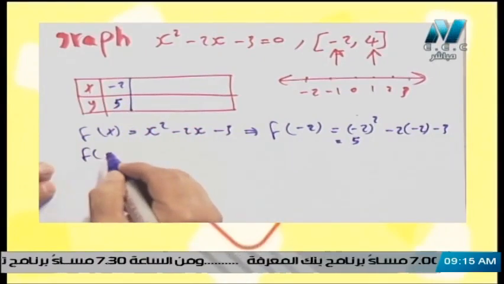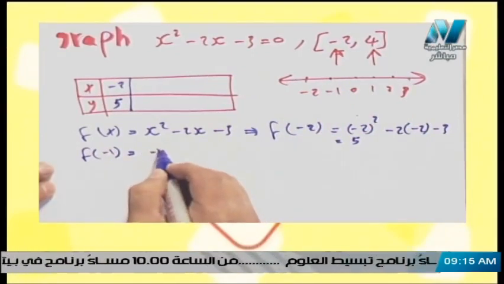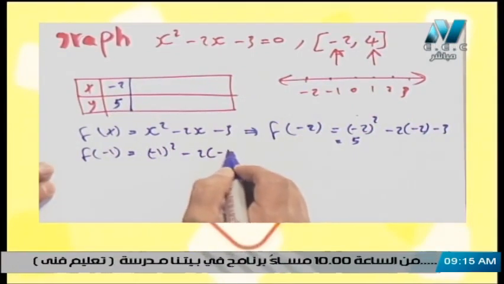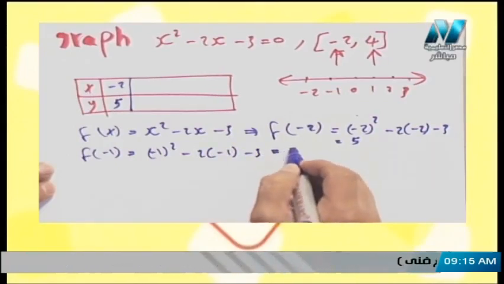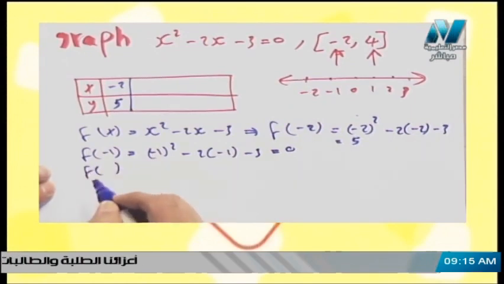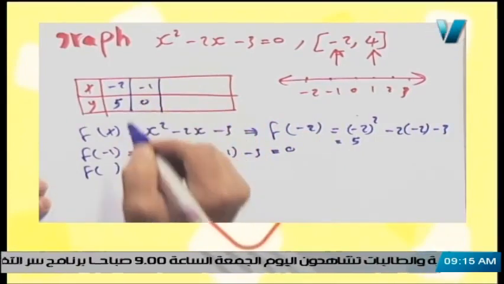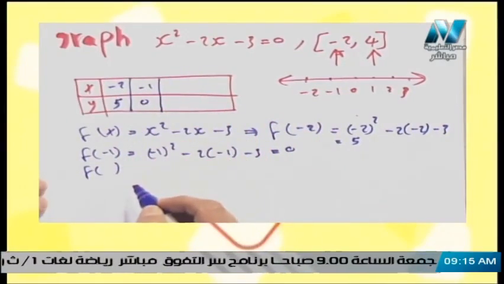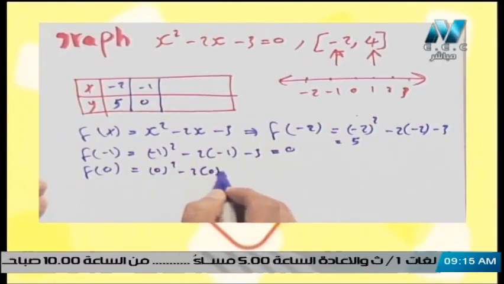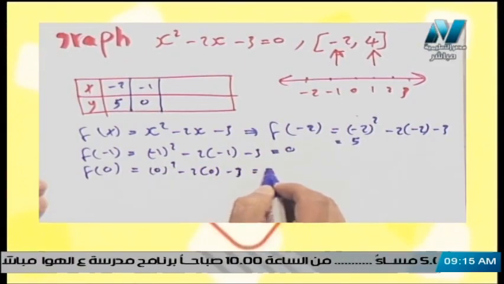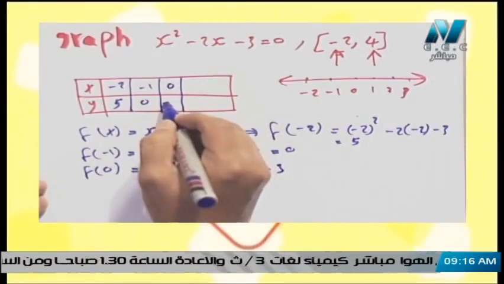Then we have to find f(−1) = (−1)² − 2(−1) − 3, and the answer will be 0. So when x is −1, y is 0. f(0) = 0² − 2(0) − 3, of course it gives −3. So when x equals 0, y equals −3.